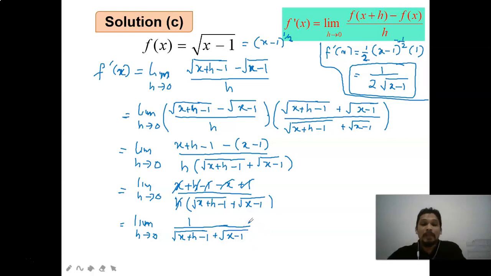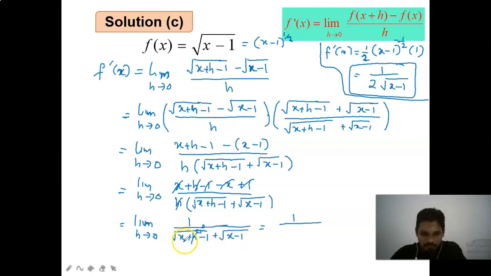Okay, so now it's time for us to use this limit when h approaches 0. So we just assume that h equals 0. There's only one h left here. And finally it is equal to 1 divided by the square root of x minus 1 plus the square root of x minus 1.